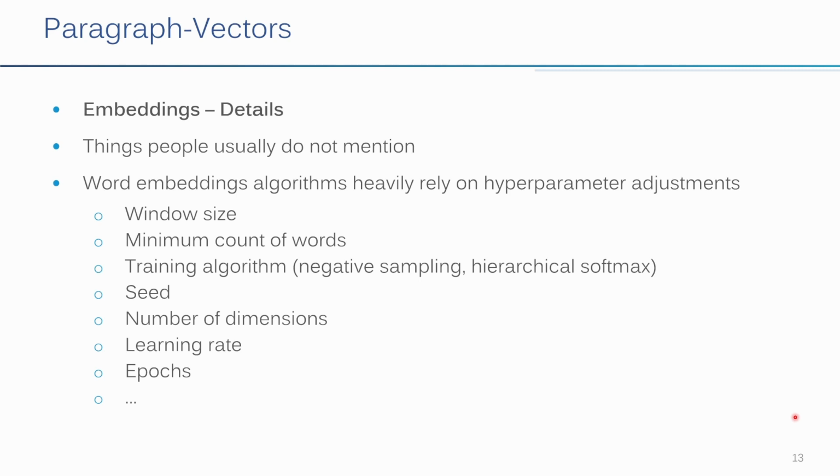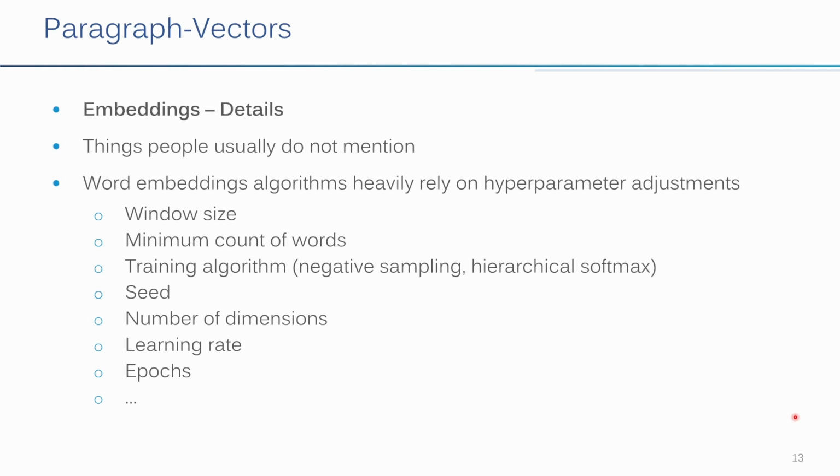As you can see in this discussion, especially with approaches that do require some sort of hyperparameter optimization, there are a couple of things that people usually do not mention. For example, word embedding algorithms heavily rely on hyperparameter adjustments. Some of them are really famous, such as window size or number of dimensions, but on the other hand, there's a bunch of other parameters that people usually don't talk about.